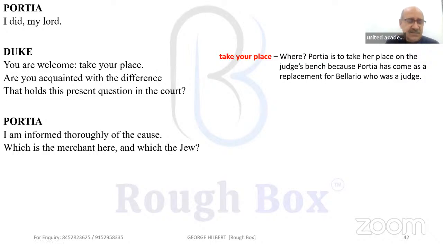She's replacing a judge. So she's a judge. She cannot be a lawyer. Can anyone tell me why she can't be a lawyer? Forget about replacing a lawyer. Can anyone tell me why she can't be a lawyer? So it would be disrespectful.